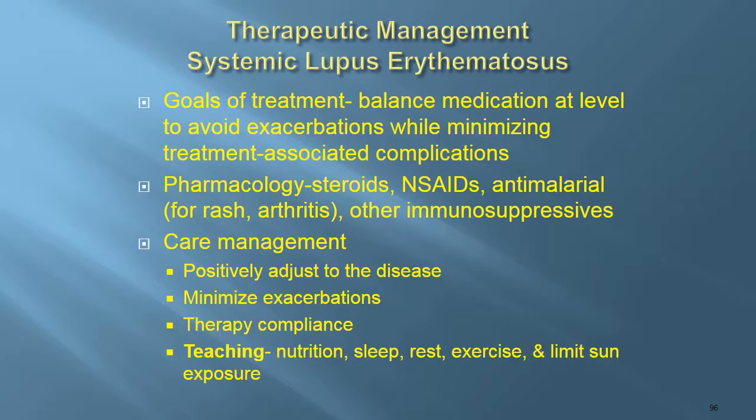The goals of treatment for SLE include balancing medication at a level to avoid exacerbations while minimizing treatment-associated complications. Pharmacology may include steroids, NSAIDs, antimalarial drugs for rash and arthritis, and other immunosuppressives.